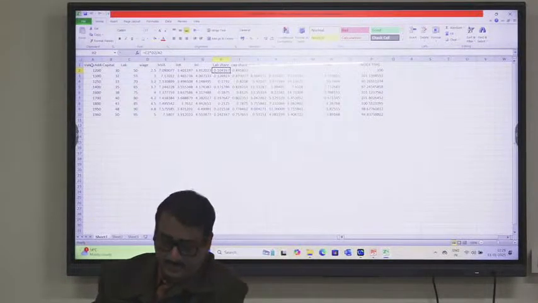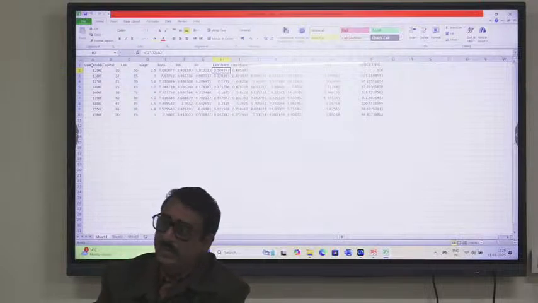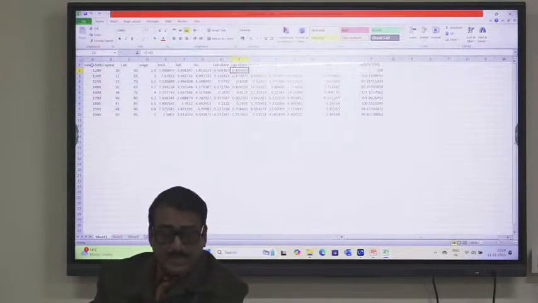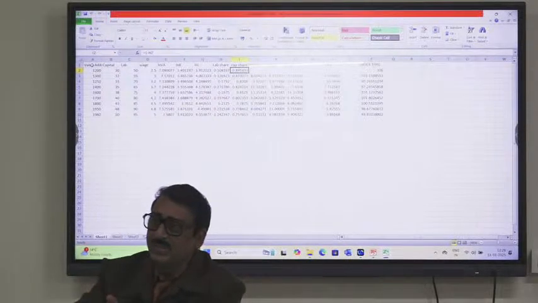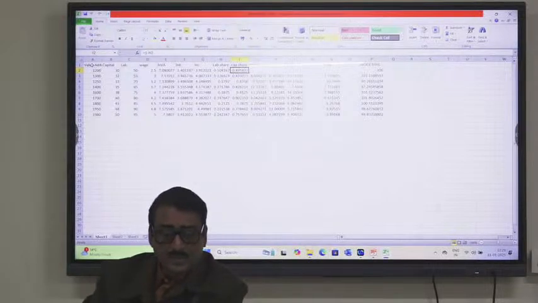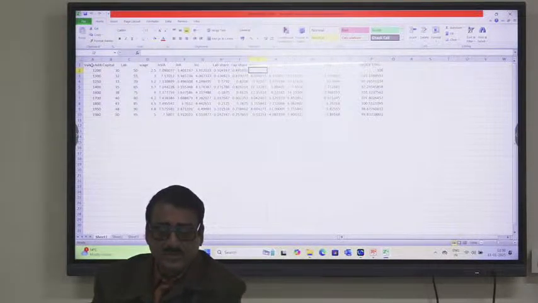Value added. Right. So this is my labor share: C into D divided by A. Once I know the labor share, I can work out the capital share. 1 minus labor share is the capital share. Right? 1 minus H, that is my capital share. Okay. Now I am coming to the rate of growth in value added.